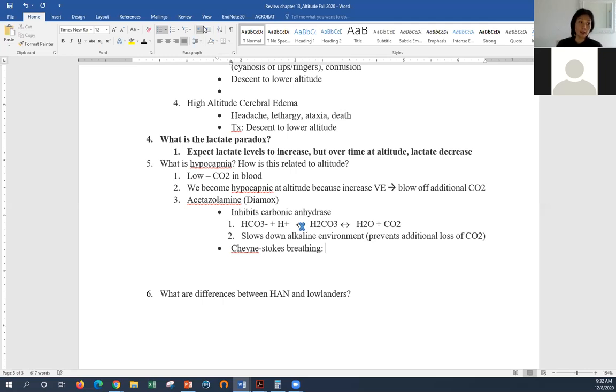So by taking Diamox, it's going to help us to retain more of those hydrogen ions, and so this helps to also maintain O2 levels while we sleep.